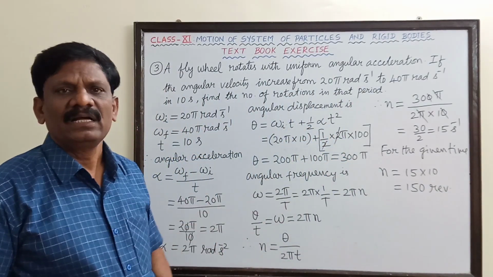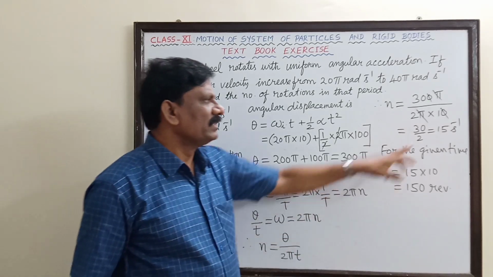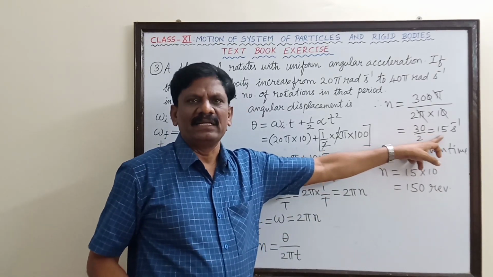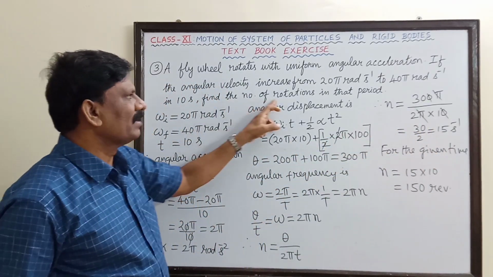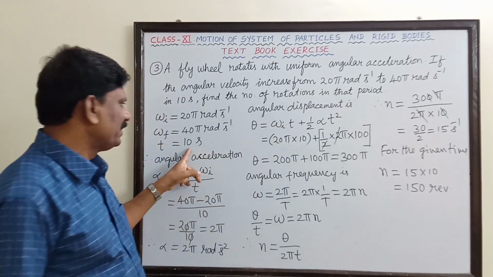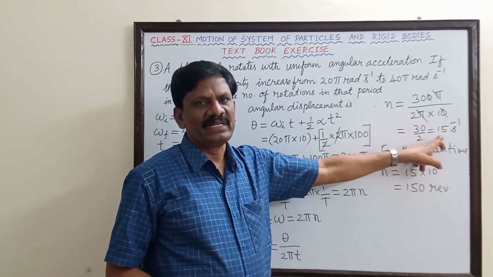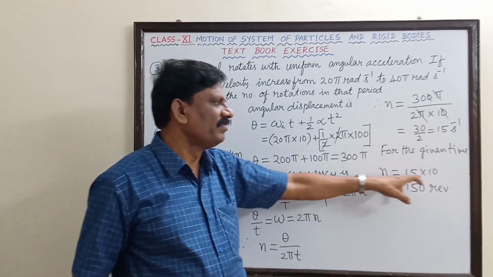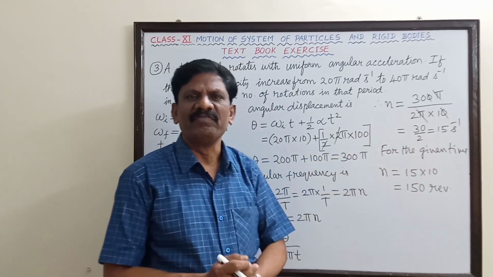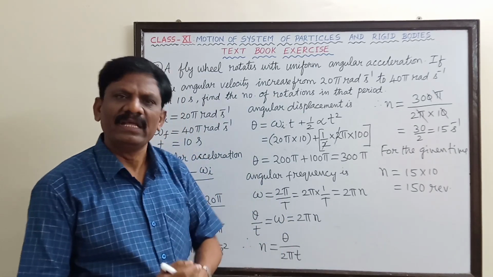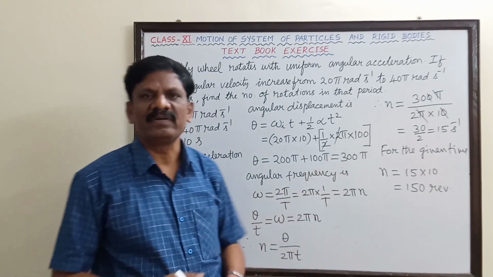So this is the answer. This is the number of revolutions per second, but they have asked to find the number of rotations in that period of 10 seconds. So in 1 second it makes 15 rotations. Therefore in the given time it makes 15 into 10, equal to 150 rotations or 150 revolutions. I hope you must have understood well. Fine.